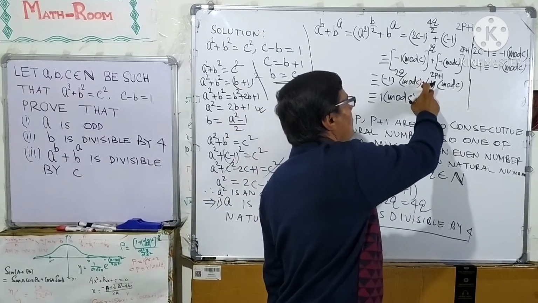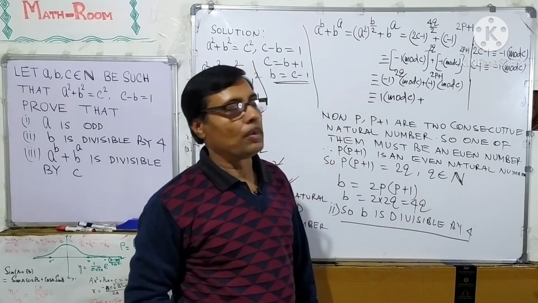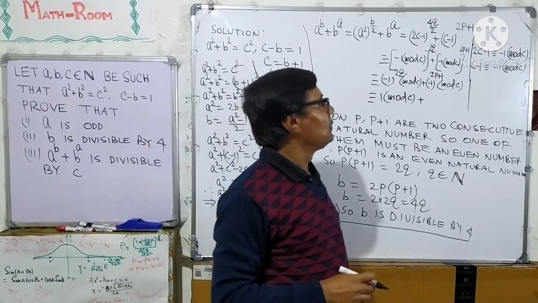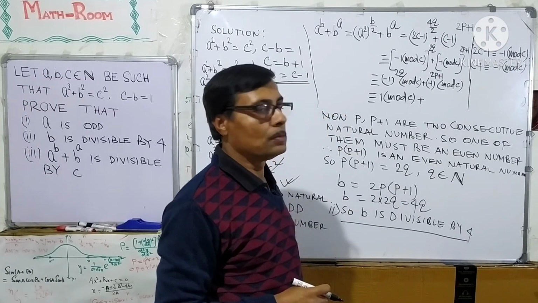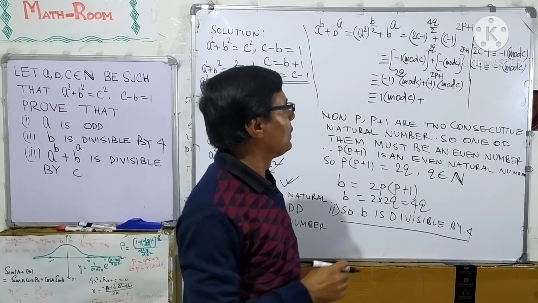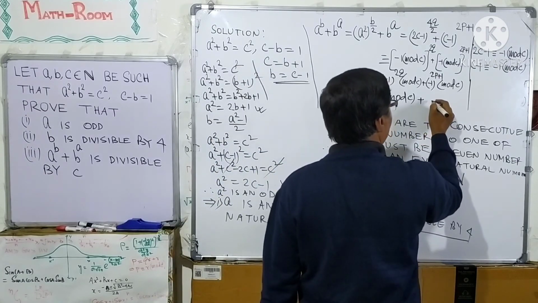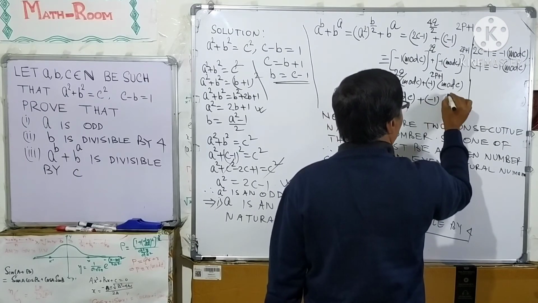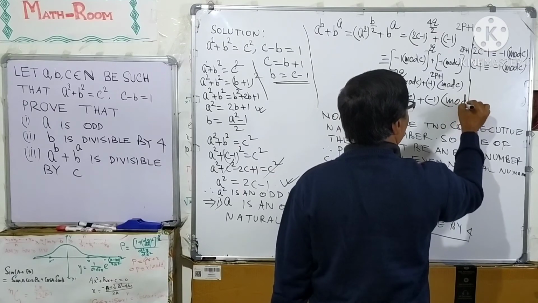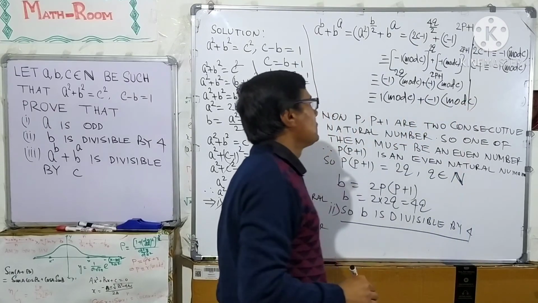Here minus 1 to the power 2p plus 1, where minus 1 has an odd power, is minus 1 modulo c.